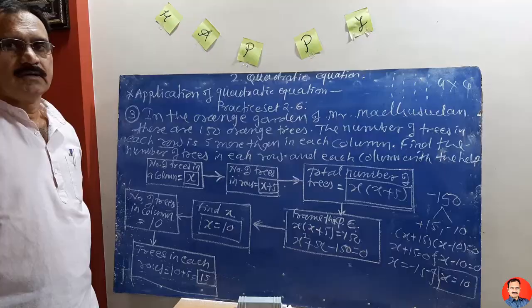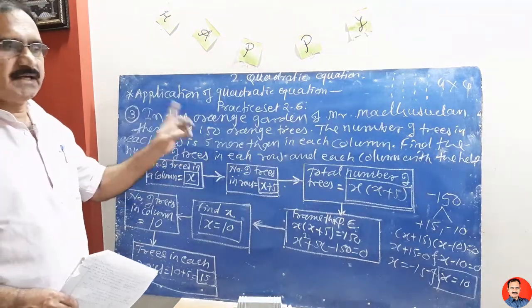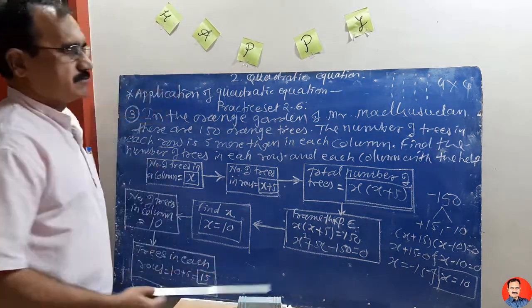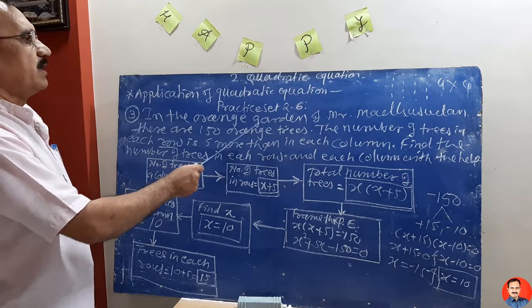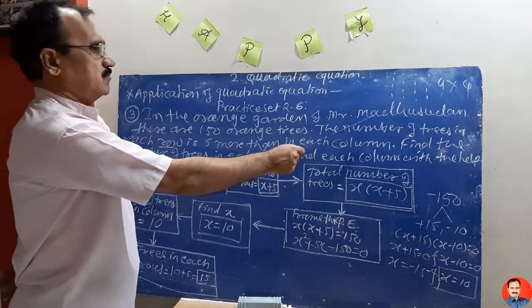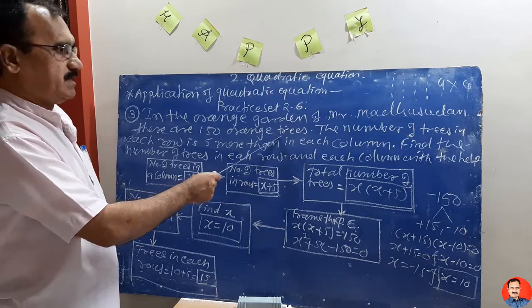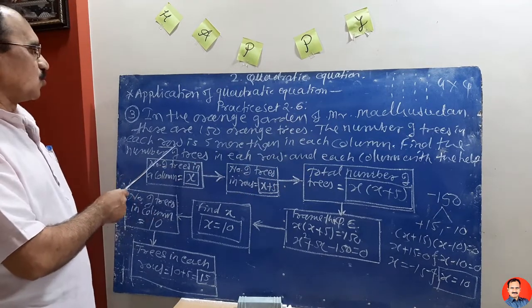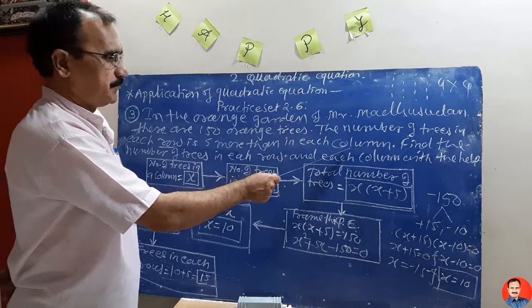Okay, now the third example is based on an activity type example. Read and write carefully. In the orange garden of Mr. Madhusudan, there are 150 orange trees. The number of trees in each row is 5 more than in each column.